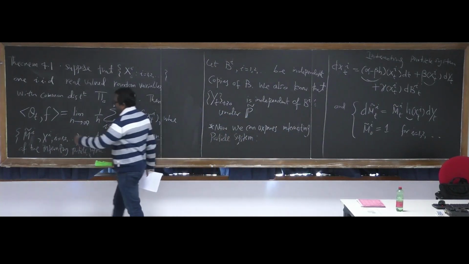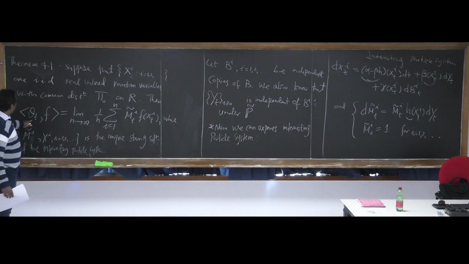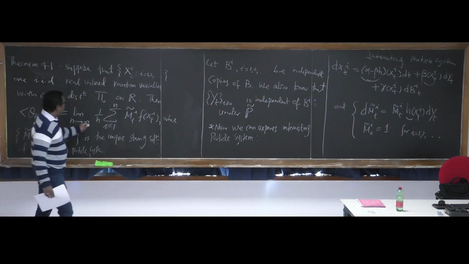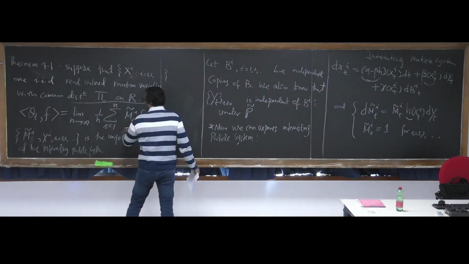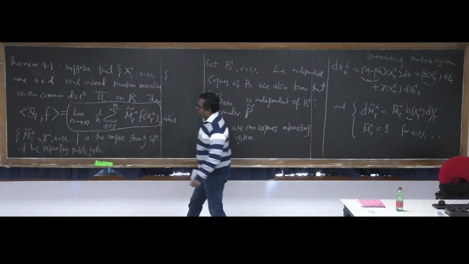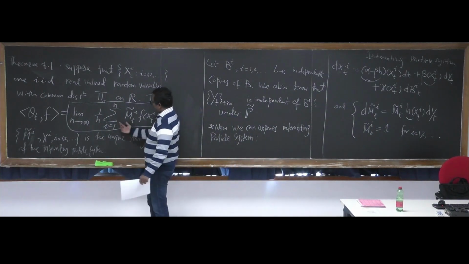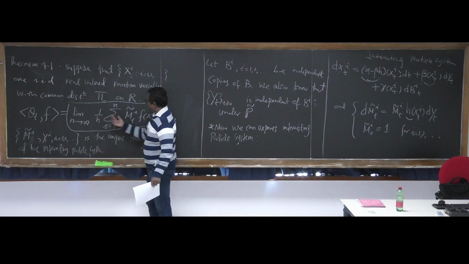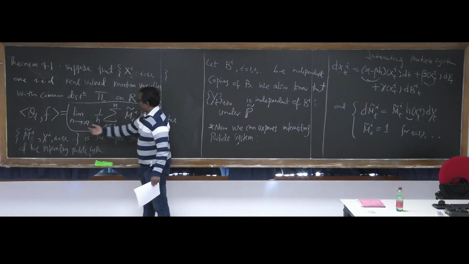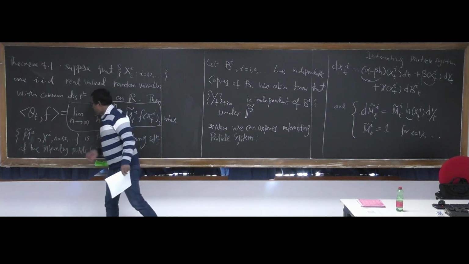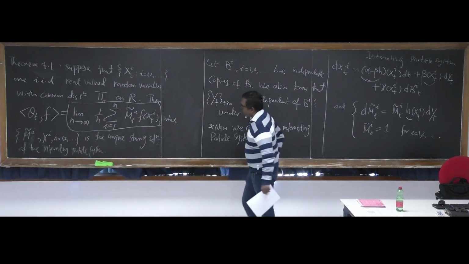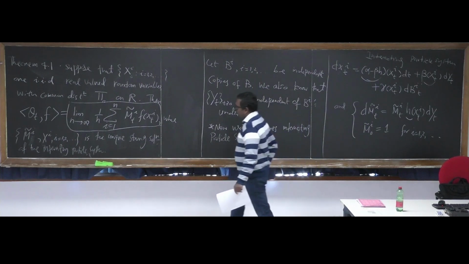Because of that, the conditional expectation of the state of the signal process with respect to the new probability measure is given by this limit. So basically it is the nth average, and when n goes to infinity, it converges to this. This is good.